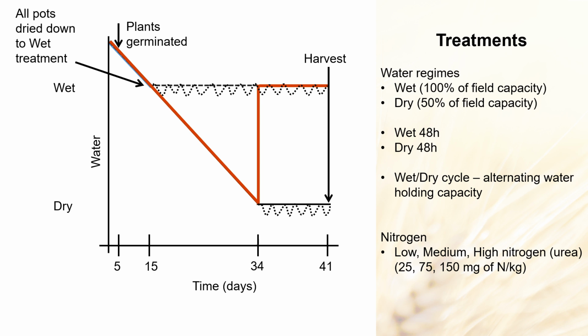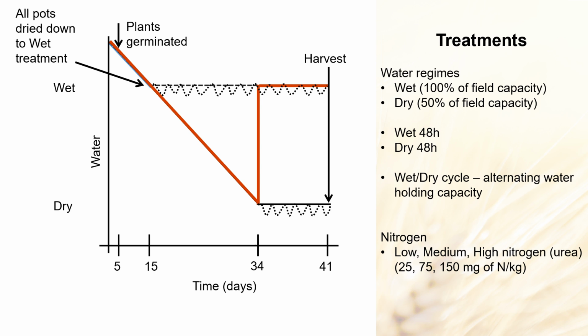Then I also had 2 cyclic watering treatments, one at wet, so these were watered every 48 hours as opposed to every 10 minutes or so, and then another set which were maintained at the dry level and watered again every 48 hours. And then finally I had another treatment which was my wet-dry cycle, where plants were dried down from the wet to the dry, subsequently re-wet.